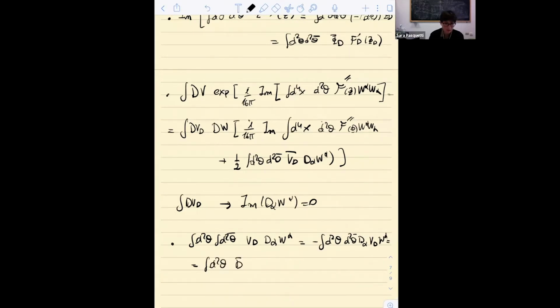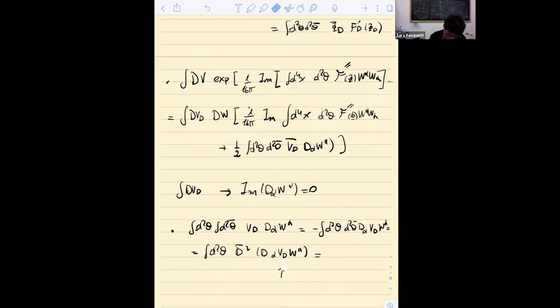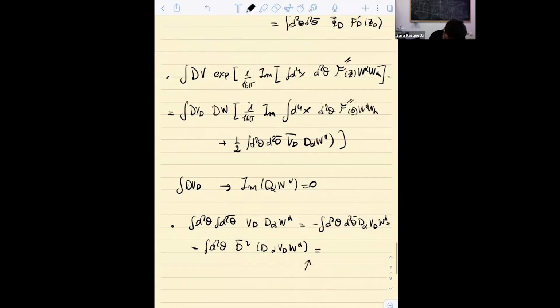Here I'm rewriting the integration over the 2 theta bar as a second SUSY derivative with respect to theta bar. Now I'm going to use that W alpha is a vector superfield.